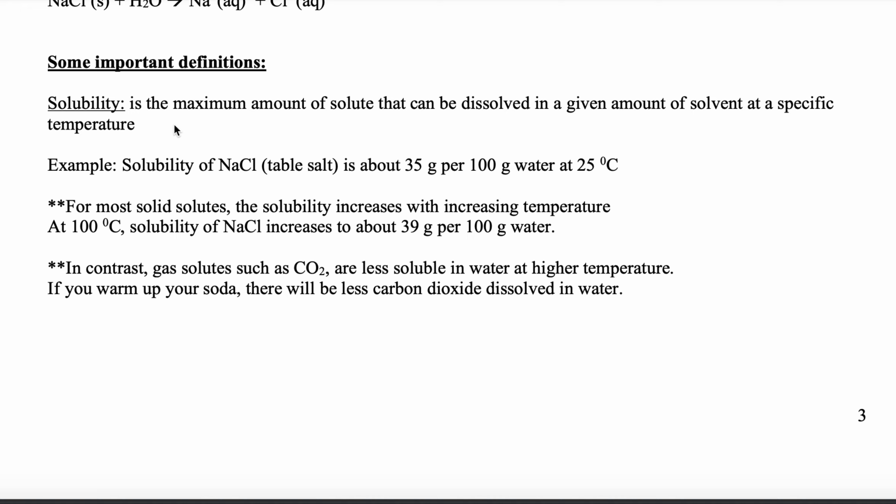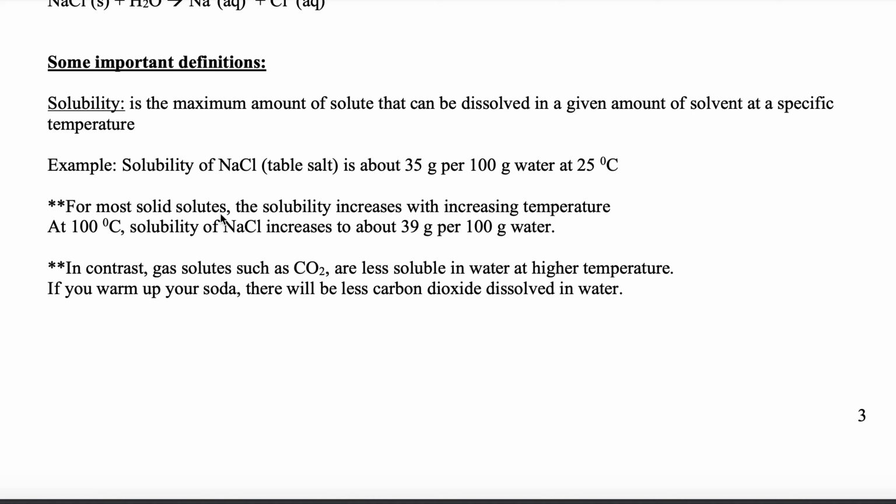Solubility is the maximum amount of solute that can be dissolved in a given amount of solvent at a specific temperature, because when you change the temperature, you can change the solubility. For example, the solubility of sodium chloride, which is table salt, is about 35 grams per 100 grams of water at regular room temperature, 25 degrees Celsius.